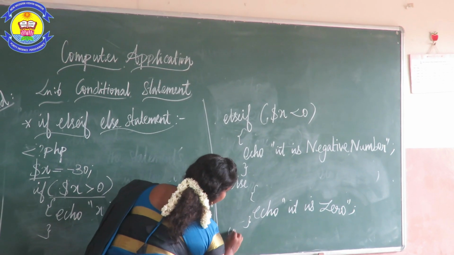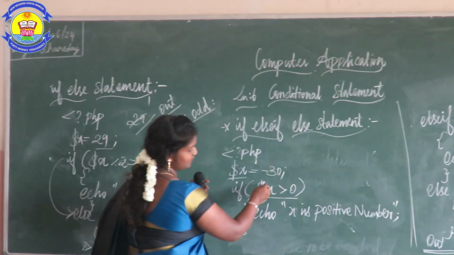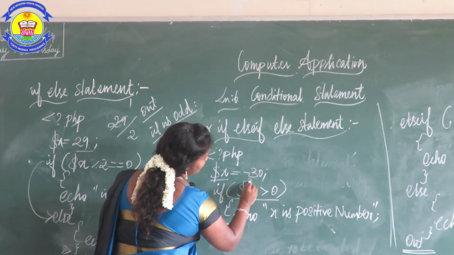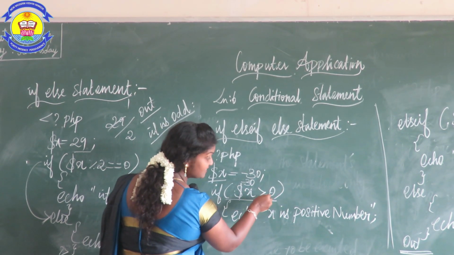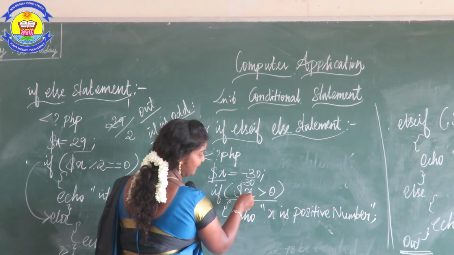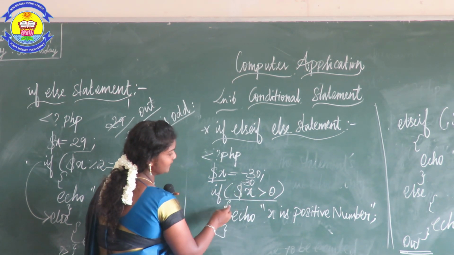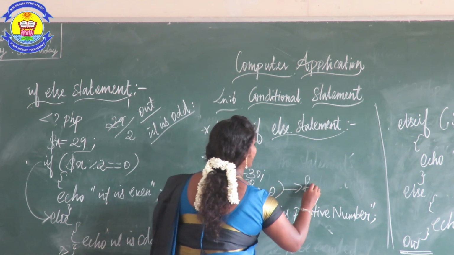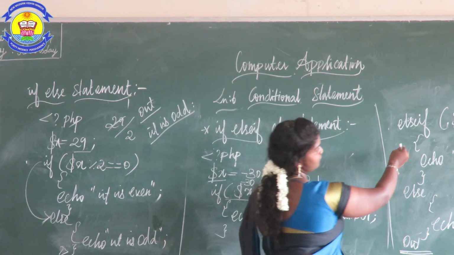Now I'm going to check the output. What is my output? My value is minus 30. I'm giving the condition greater than 0, so here the condition is false. It will automatically move to the else if block.